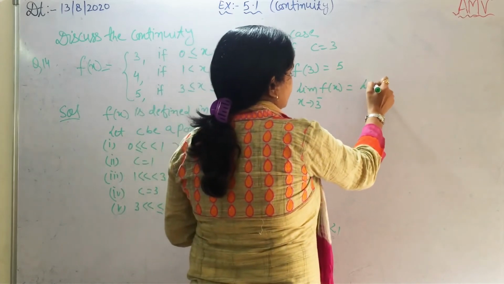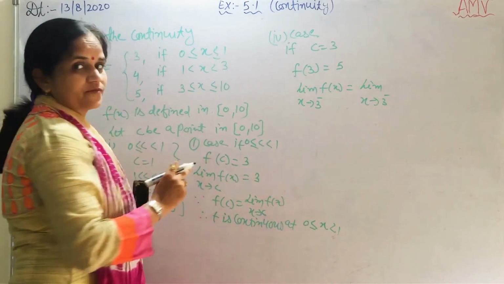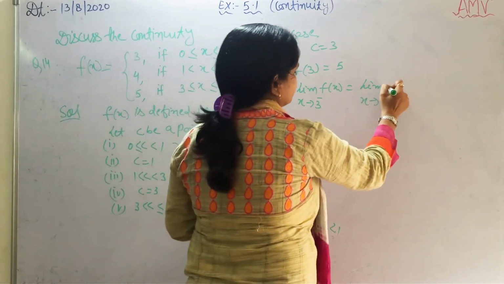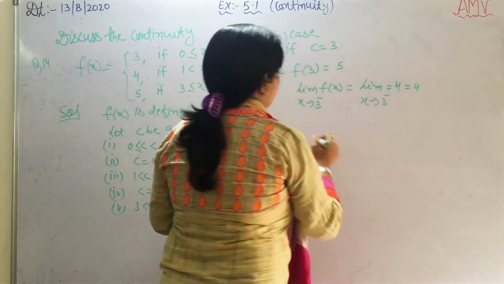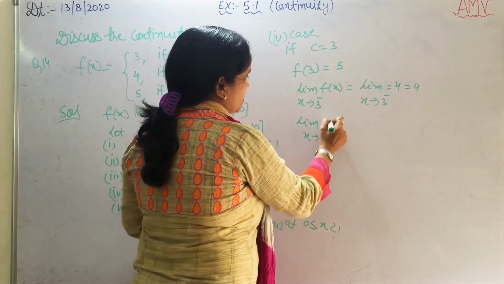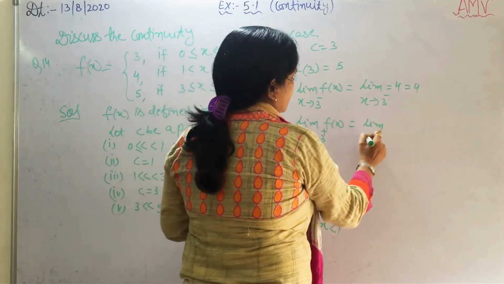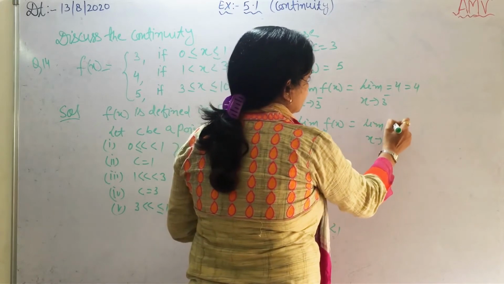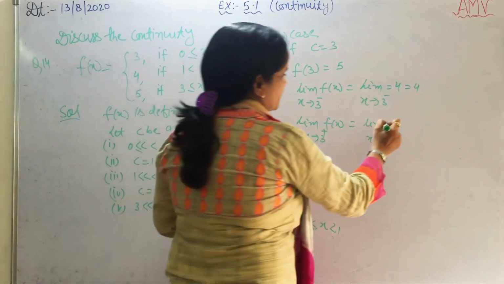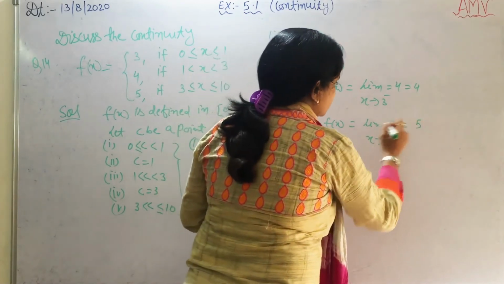It is limit x tends to 3 negative, means when x is less than 3, it is 4. And here right hand limit x tends to 3 positive f(x), here function is 5 when x is greater than 3. So here answer is 5.